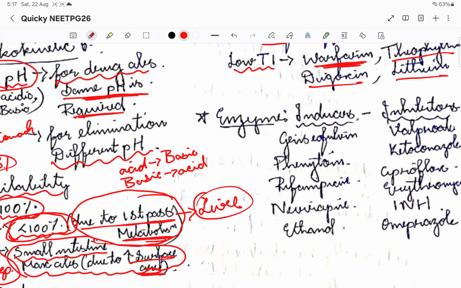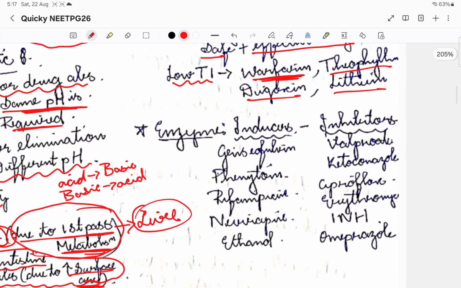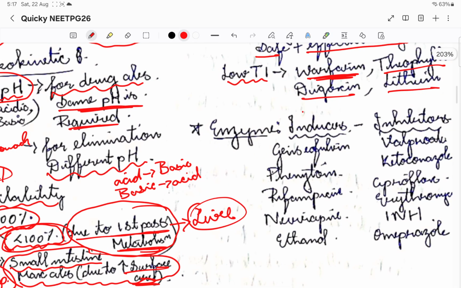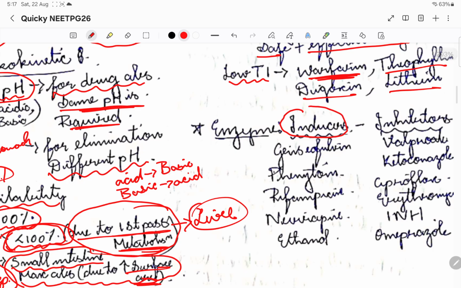Now coming to a major important topic, that is enzyme inducers and inhibitors. Inducers induce the breakdown of the drug that has been administered. If I give a certain drug, these are the drugs which will act on it and reduce its activity.